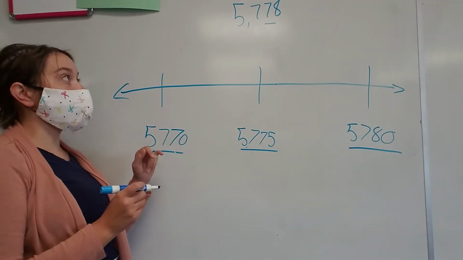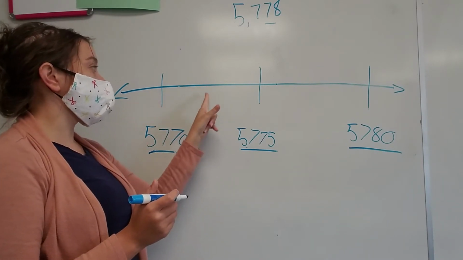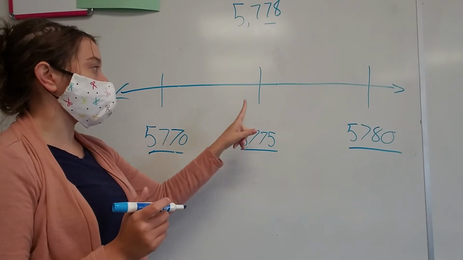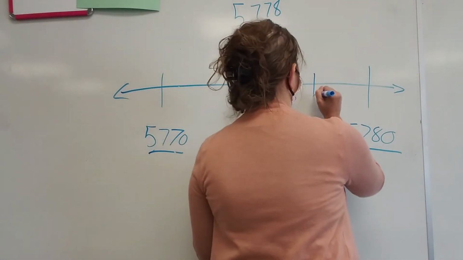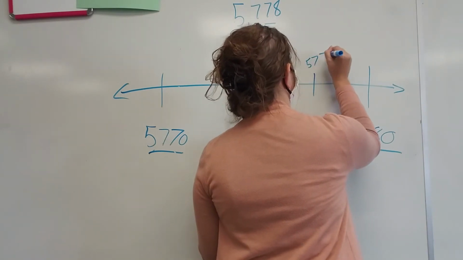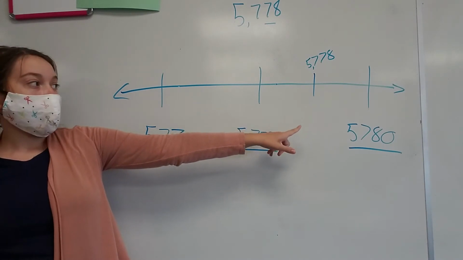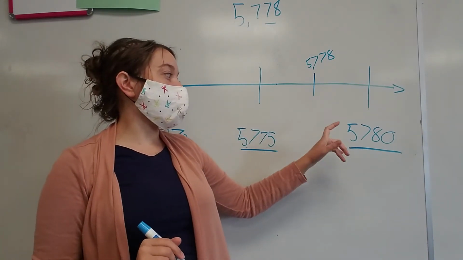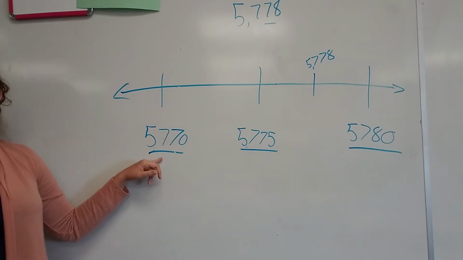Now, we can kind of go, okay, 71, 72, 73, 74, 75, 76, 77. Oh, 78 goes right here. 5,778. That was my original number, right?